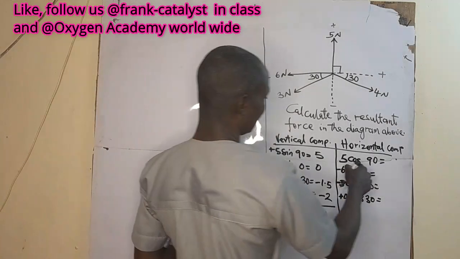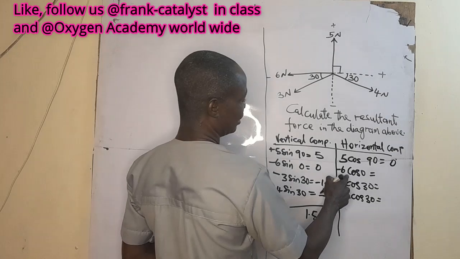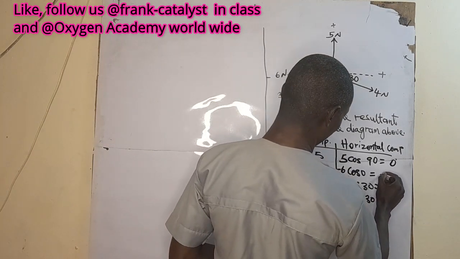Here cos 90 is 0, so we write 0 here, and cos 0 is 1, so 1 times 6 gives us minus 6.